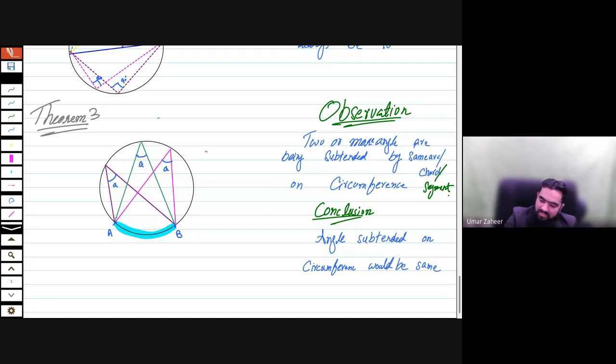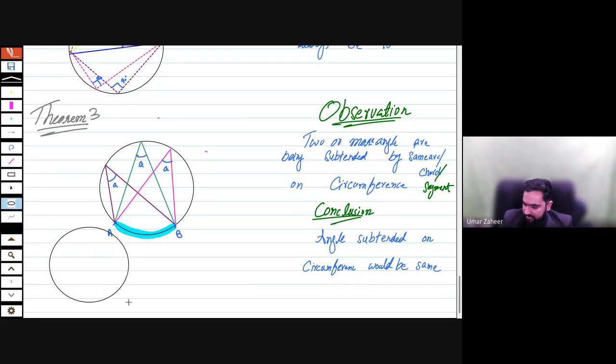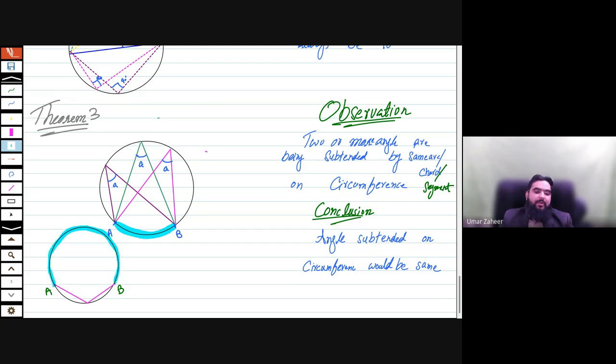Look at here, it is subtended from the minor arc. Some of the students may be confused. For example, if it is a circle and I draw an angle here, it is subtended from AB, but from the major arc AB or major segment AB.